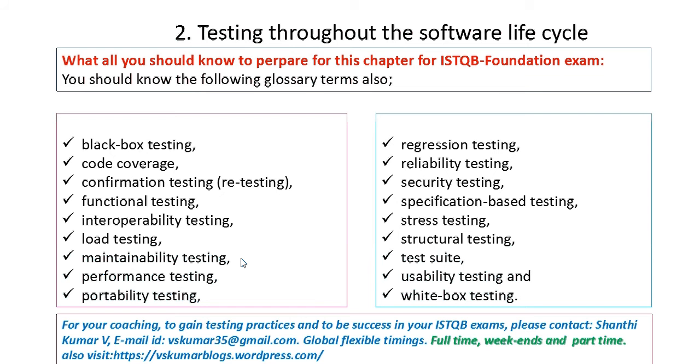Such kind of things can come under this. And performance testing, I have discussed with you. Portability testing also I have discussed, porting the applications to different versions of the database, or different platforms, operating systems also. And regression testing I have discussed.